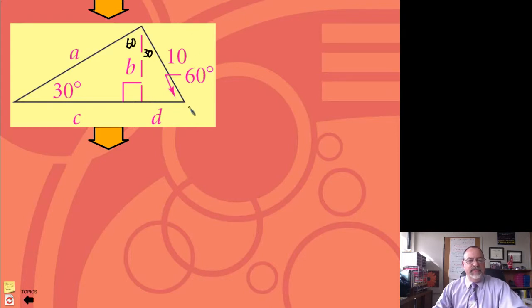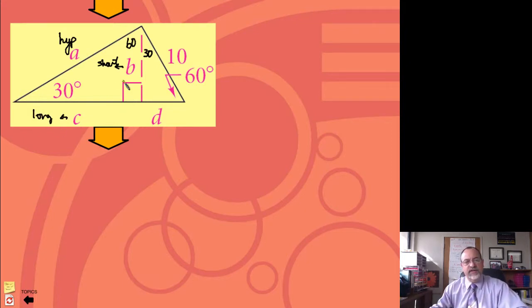Again, we want to identify the sides. So in the triangle on the left, the A here is going to be my hypotenuse. As I look across from the 30, this is the shorter in my triangle that's on the left. And across from the 60, this is my longer in the triangle that's on the left.